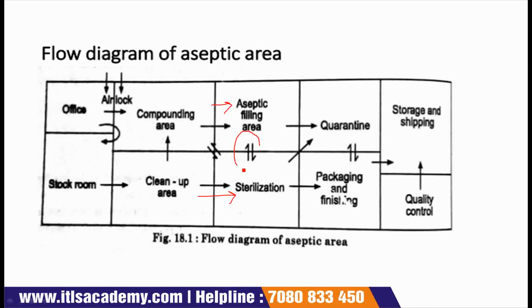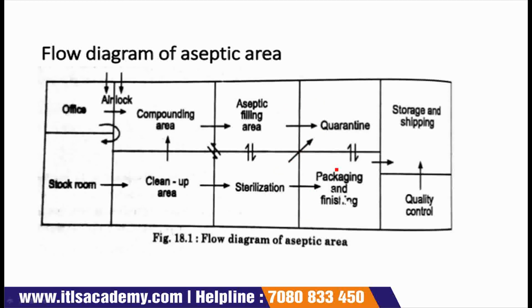These both aseptic filling area and sterilization areas are reversible. This aseptic filling area is further quarantined. Sterilization is also quarantined, while sterilization on other hand comes to packaging and finishing.